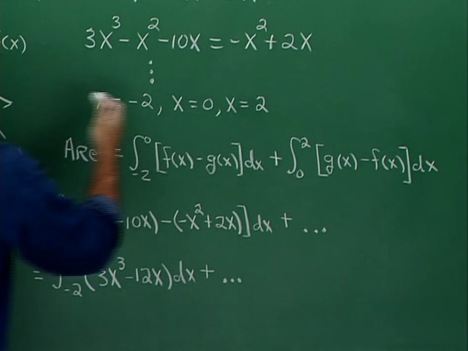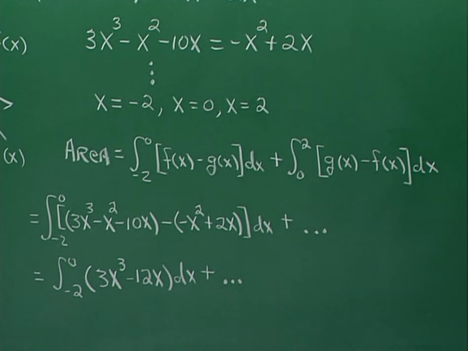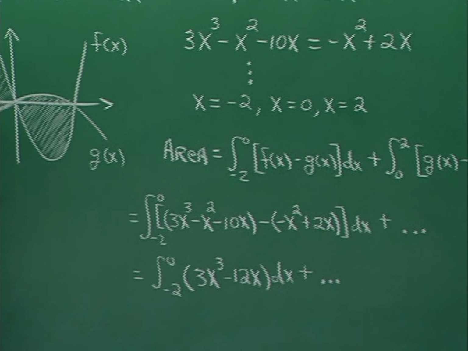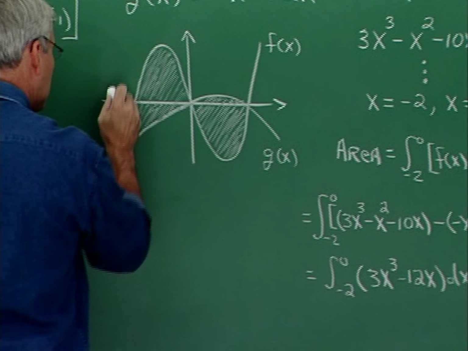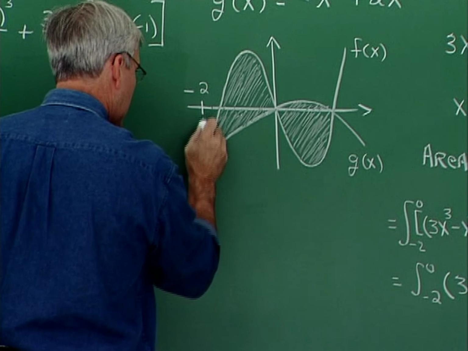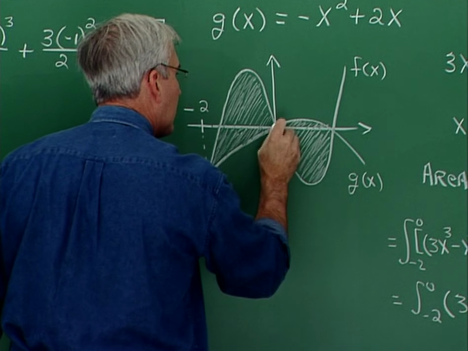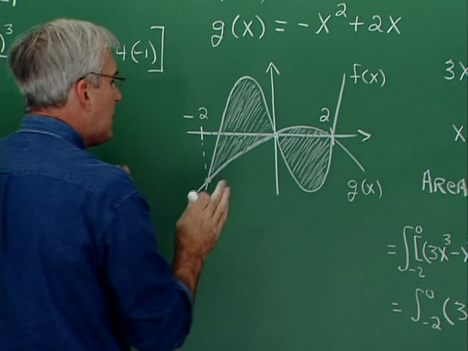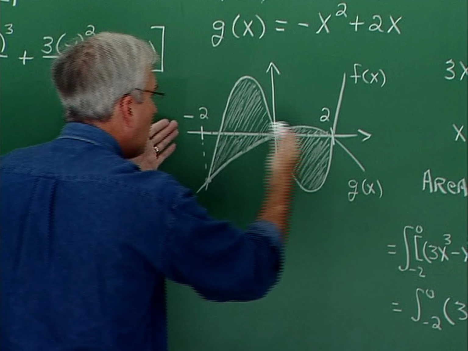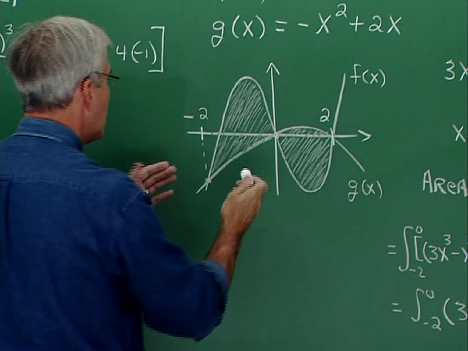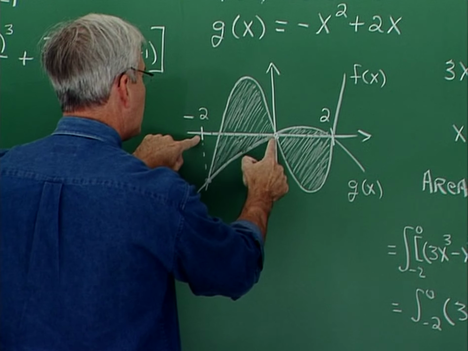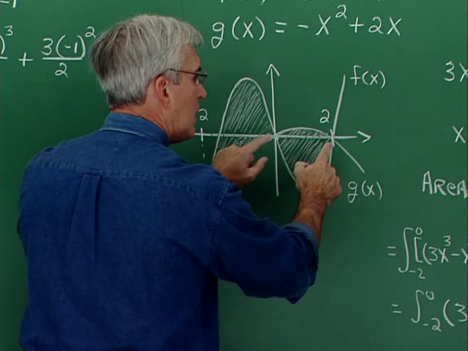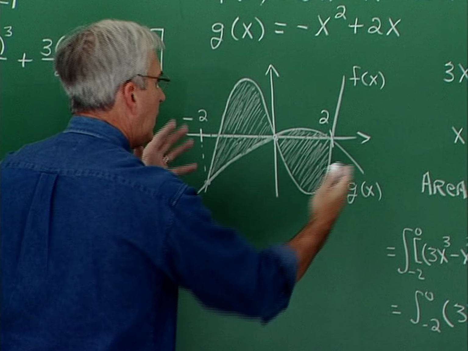So you march over here and you identify those positions. So this is the point -2. You see that it goes down to here. And then here's 0, and this point is 2. Okay, so now we're subdividing our overall interval into two parts. We have from -2 to 0 and from 0 to 2. And so we think about the overall area like this.